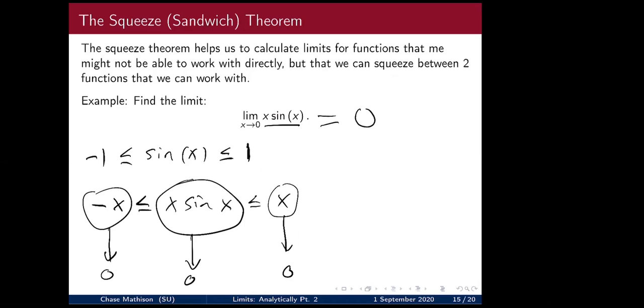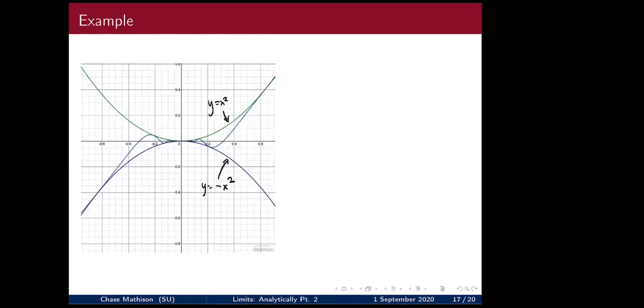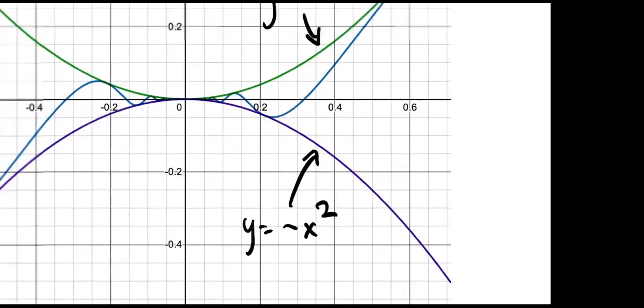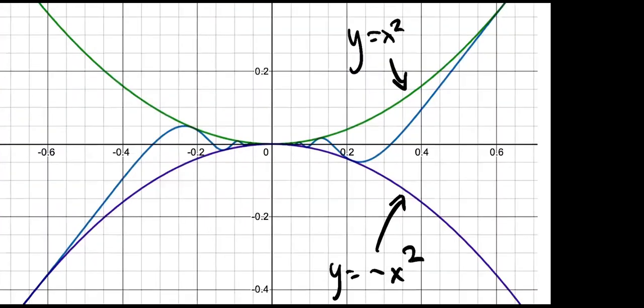We typically use it with sines and cosines, where we know we can bound sine and cosine by plus and minus 1. And so if I have something like here, this is x squared times sine of 1 over x. And so the sine of 1 over x part is oscillating faster and faster as you get closer to 0.